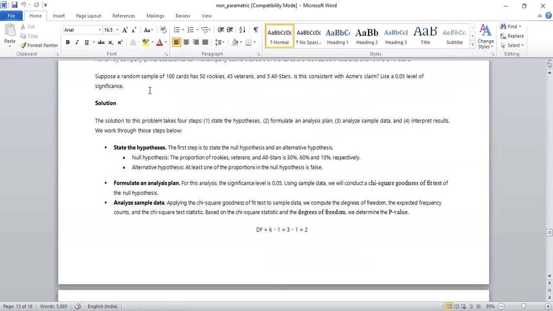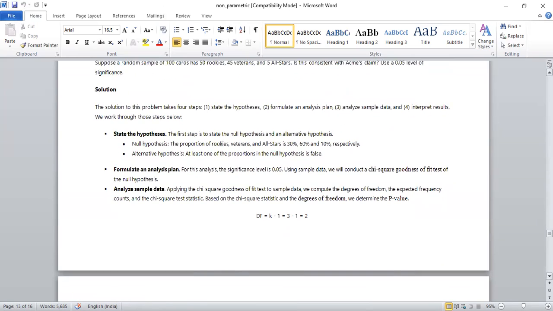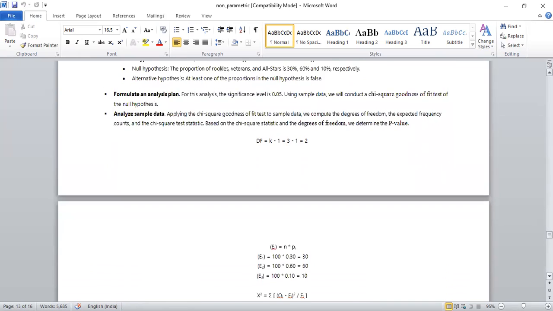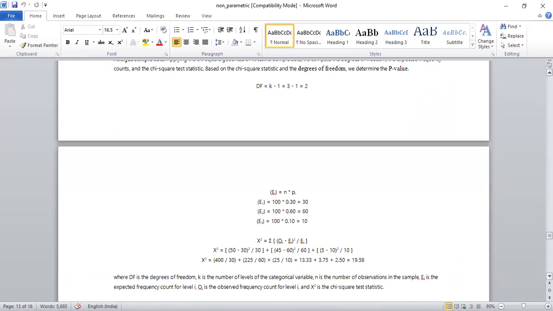A random sample of 100 cards has 50 rookies, 45 veterans and 5 all-stars. So these are your observed values. When computing chi-square: 50 minus 30 whole square by 30, 45 minus 60 whole square by 60, and 5 minus 10 whole square by 10. This will ultimately give you 19.58.